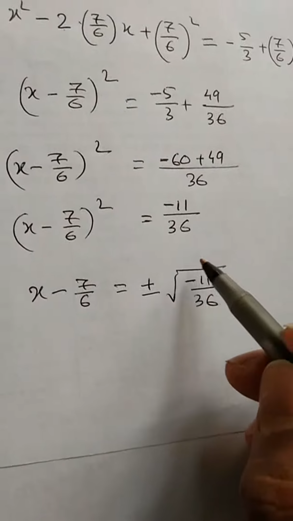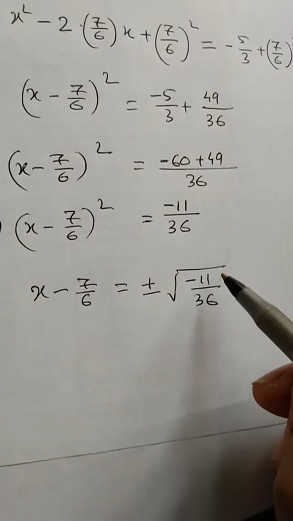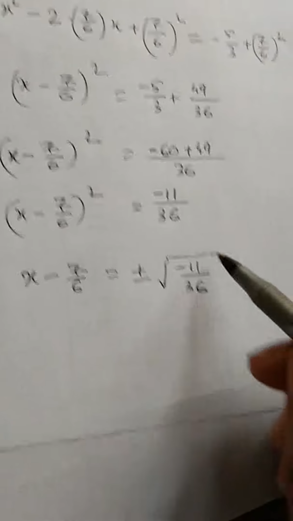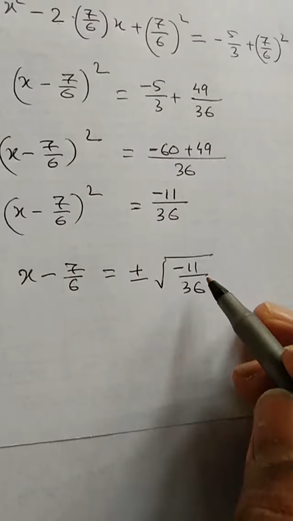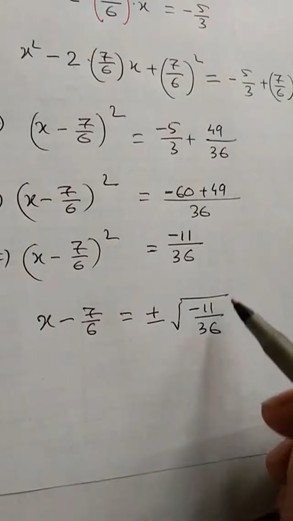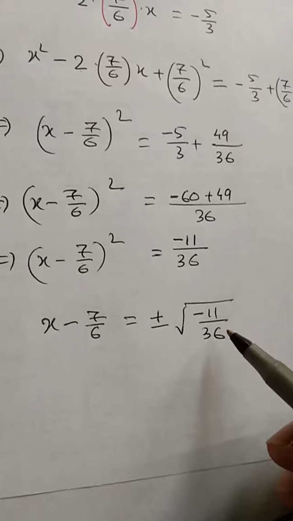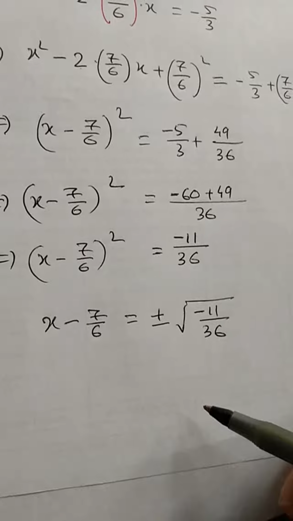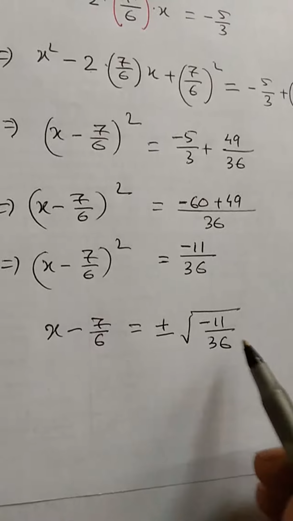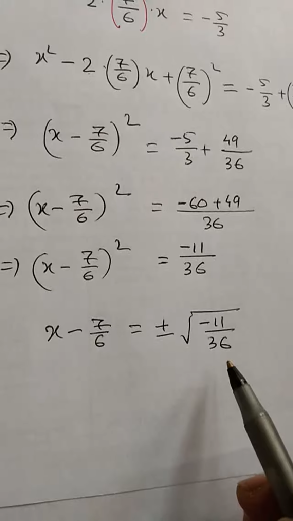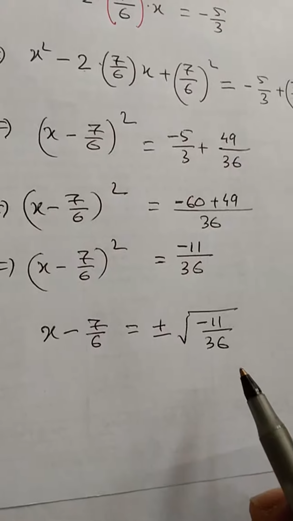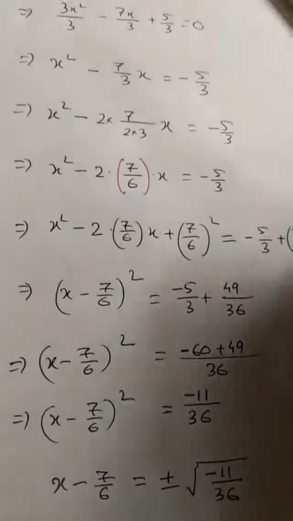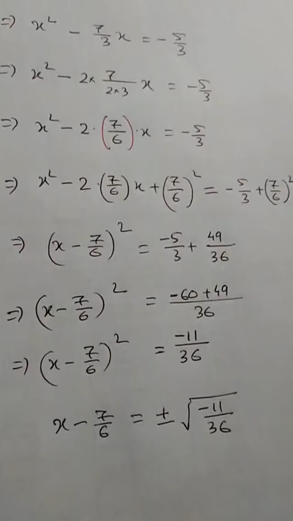Now here we have a problem, because this is not a real number. We know that the square root of a negative number is not a real number. So we cannot proceed further. So for this kind of condition, we have to see whether each equation has real roots or not.